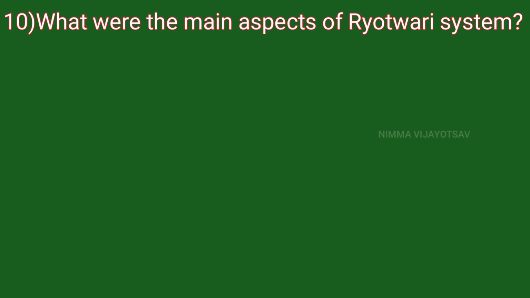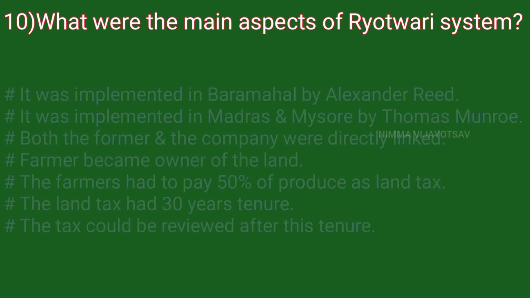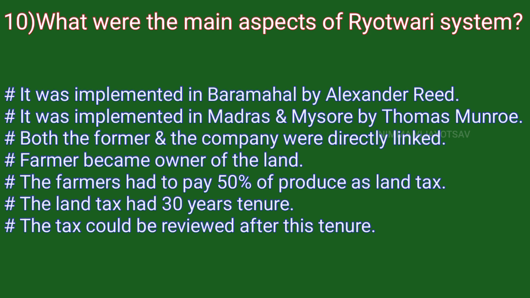What were the main aspects of Raitavari system? It was implemented in Baramahal by Alexander Reed. It was implemented in Madras and Mysore by Thomas Munro. Both the farmer and the company were directly linked.